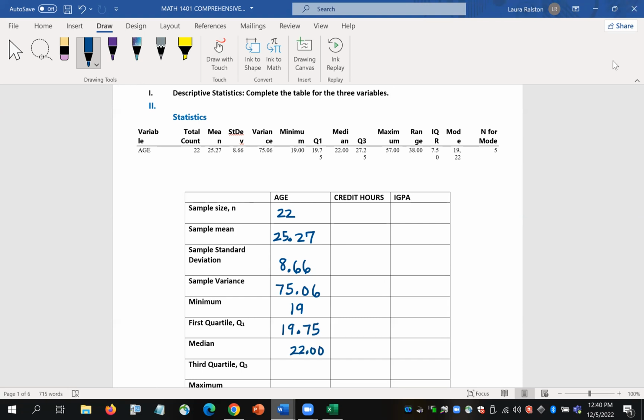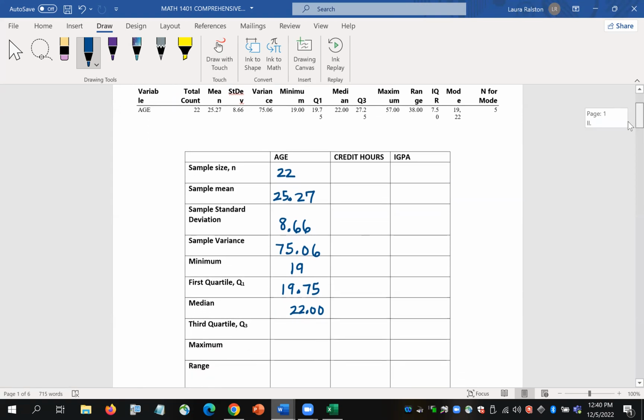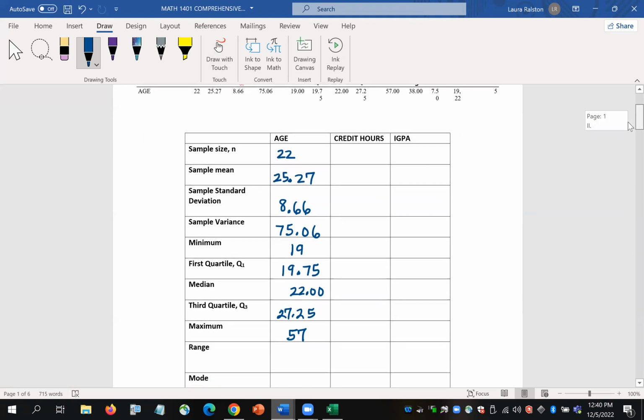I'm just copying what I got from Minitab. Q3 is 27.25. The maximum was 57. The range was 38.